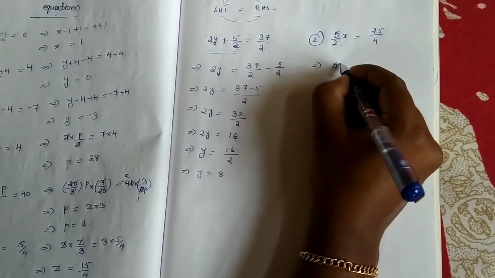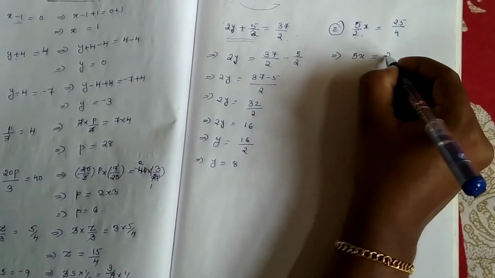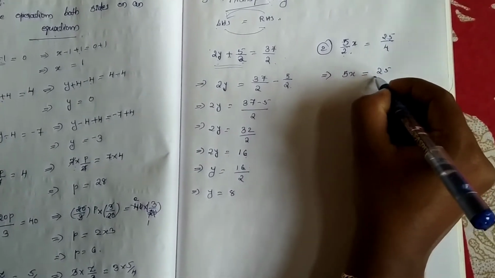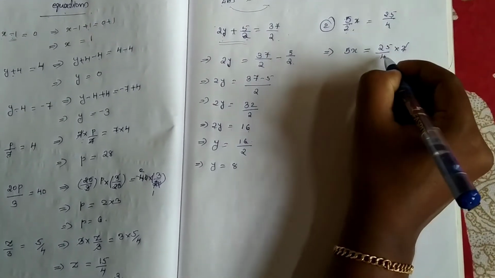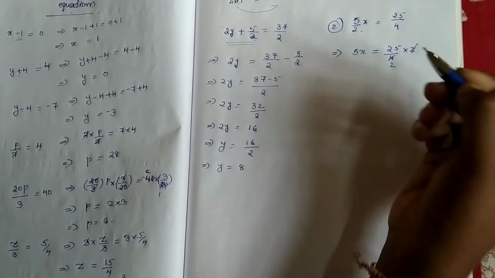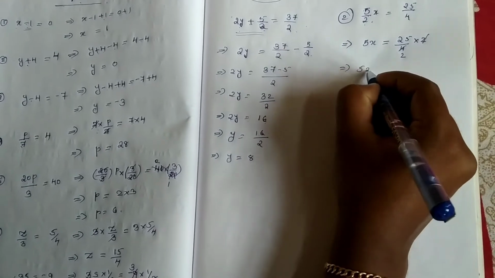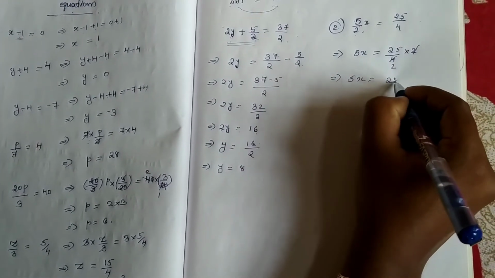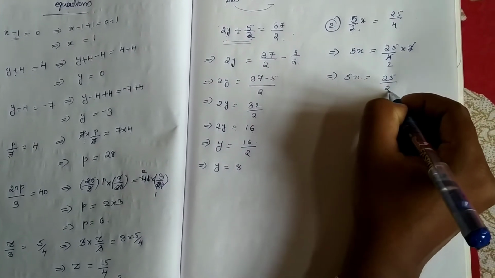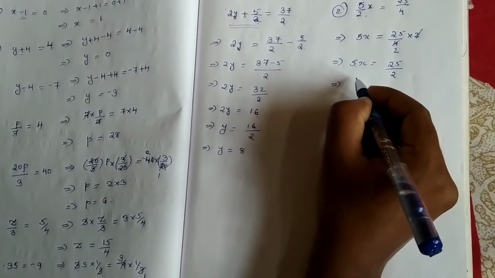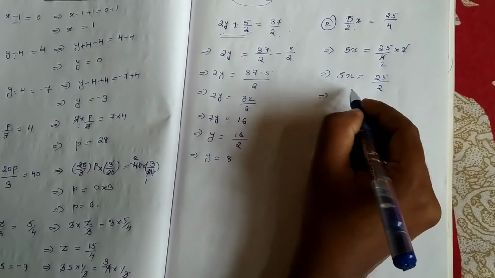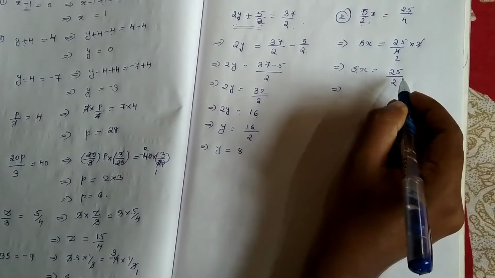So 5x is equal to 25 by 4 into 2. That is, 2 twos are 4. This implies 5x is equal to 25 by 2. Then 5 is in multiplication, so when it comes to the other side it becomes division.